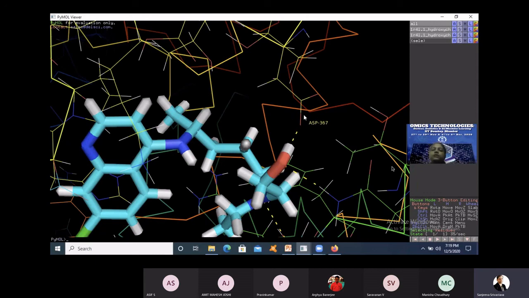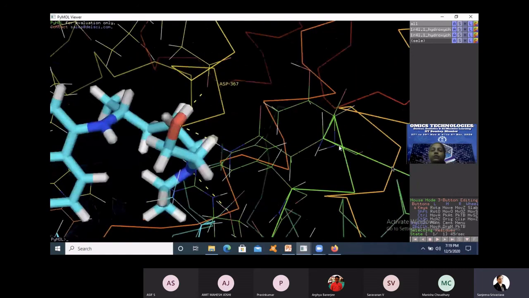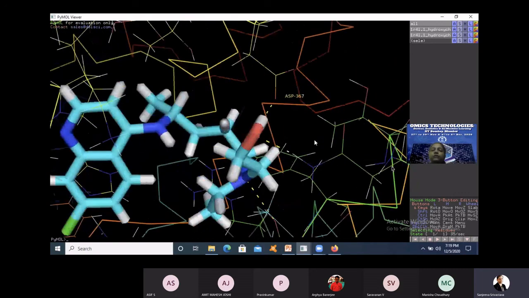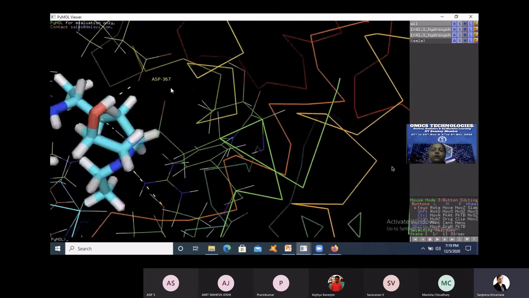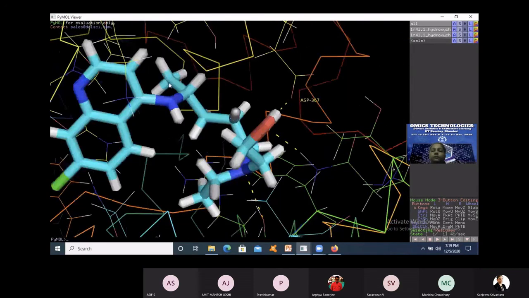Aspartate 367 is one of the residues that this particular ligand is binding to. And this interaction is between, the red colors are the oxygen, the whites are the hydrogen, and these red are the oxygen. So this is a hydrogen bond interaction.